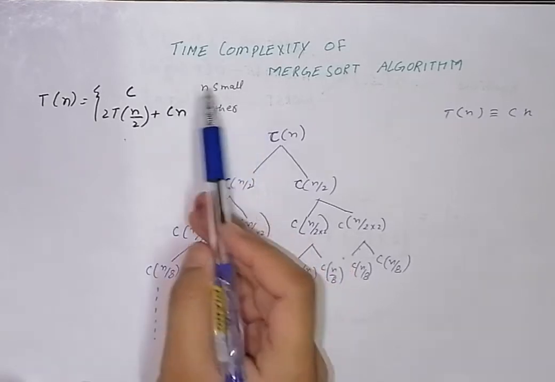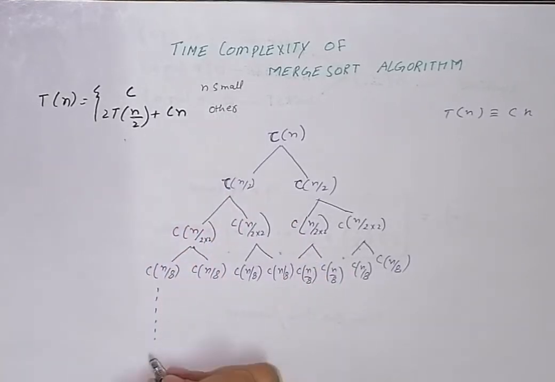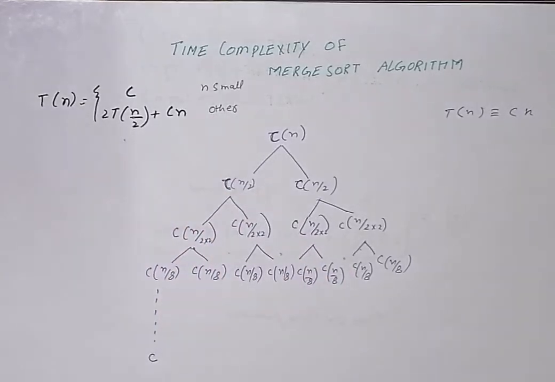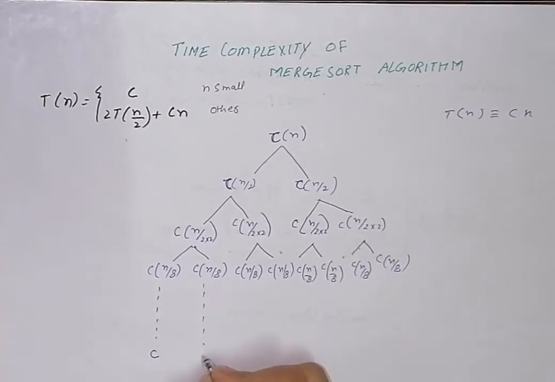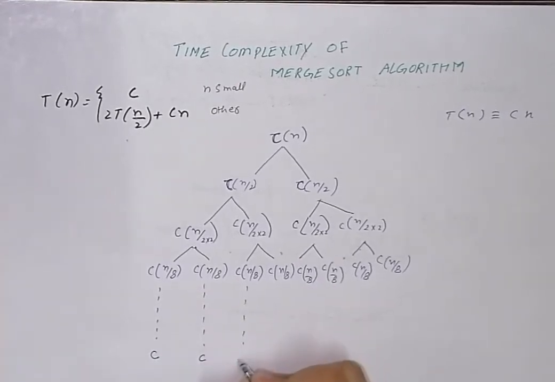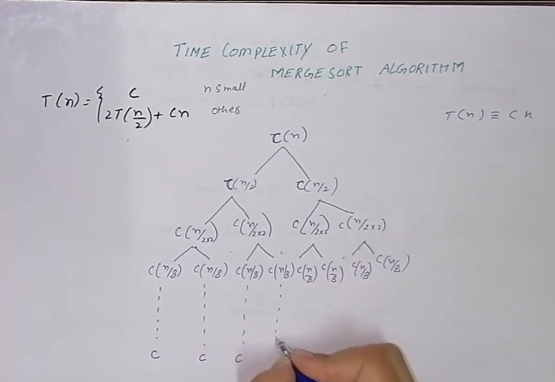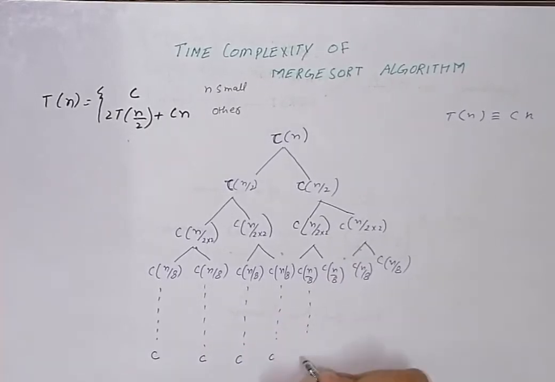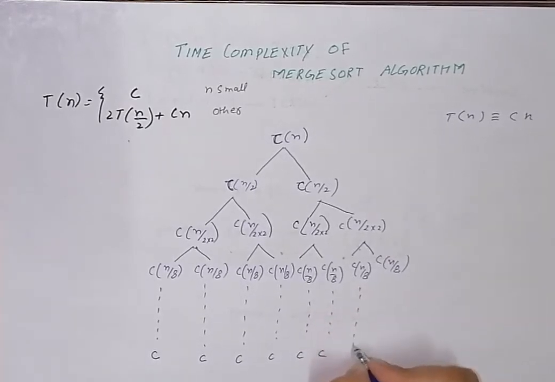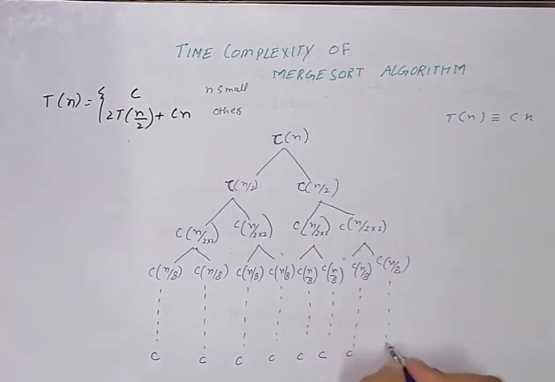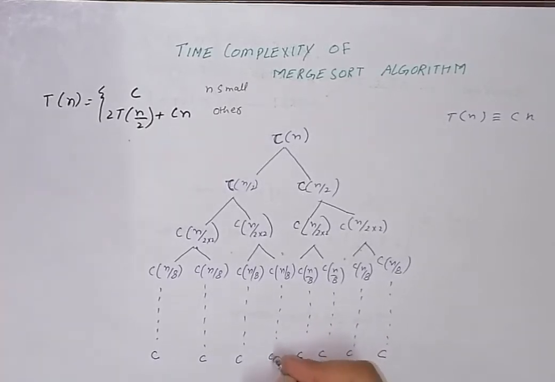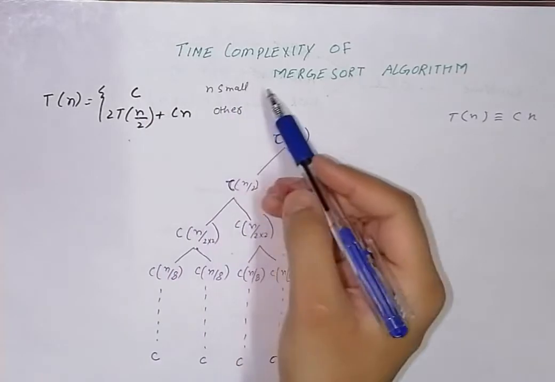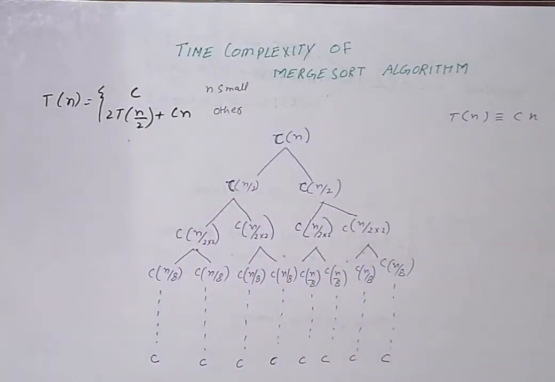At that point, when n is very small, our total cost will become C. As you divide n by 2 and perform this action recursively, there will come a point where your time will reach a constant value C, where n is very small.